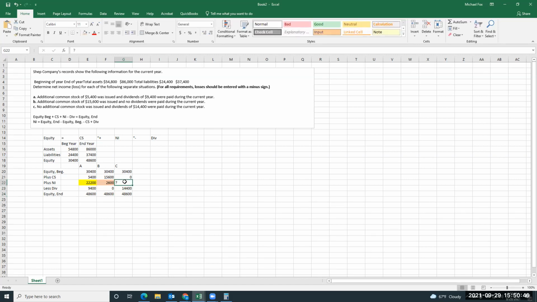Same process: ending equity minus beginning equity, minus our change in common stock, plus our dividend. That gives us a net income of 32,600 for the year.